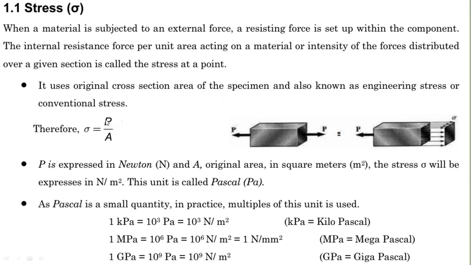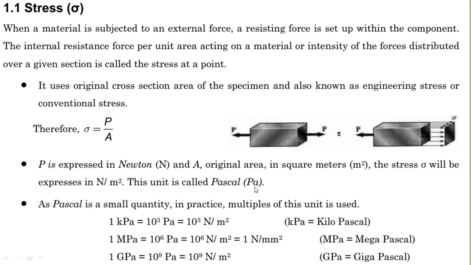P is the force and A is the area upon which the force is acting. P is expressed in Newton and A is the original area in square meters. The stress sigma will be expressed in Newton per meter square. This is called a Pascal. Newton per meter square is also called the Pascal.